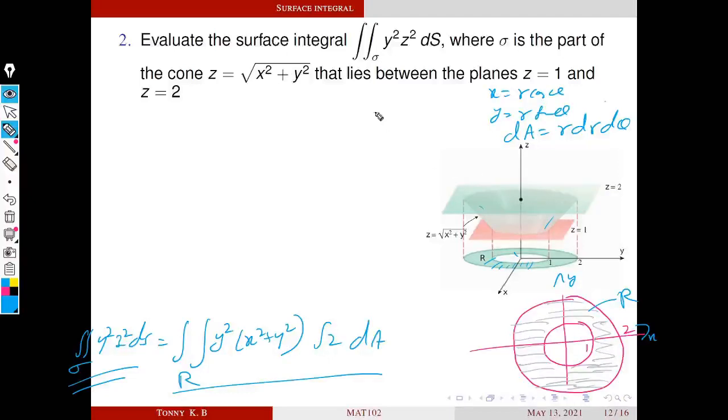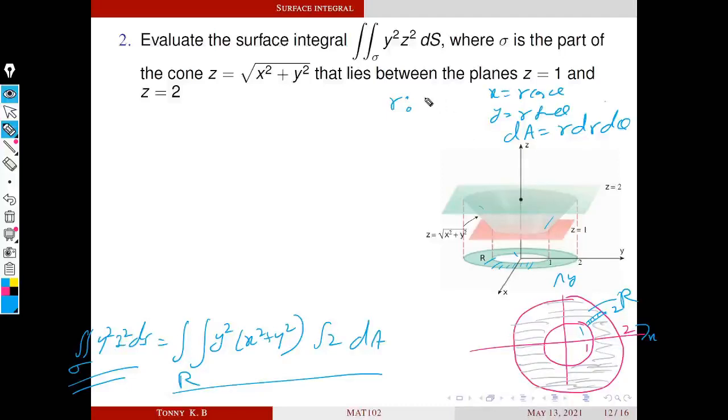What is the range of r? To cover this region, r starts from the value r equal to 1, so r should vary from 1 to 2. Then to cover this entire shaded region, this strip should move all the way around, so theta should vary from 0 to 2 pi.